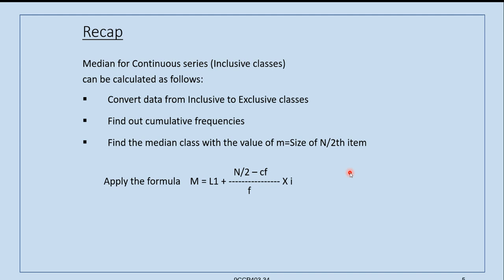And then we have to find out the cumulative frequency. So that extra step is there. And then find the median class with the value of size of n by 2th item, and apply the formula m is equal to L1 plus n by 2 minus Cf by f into i.